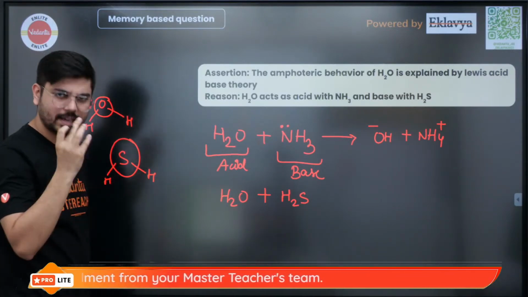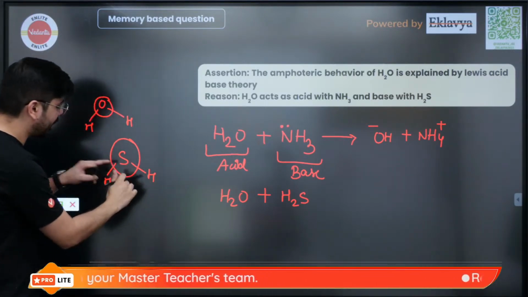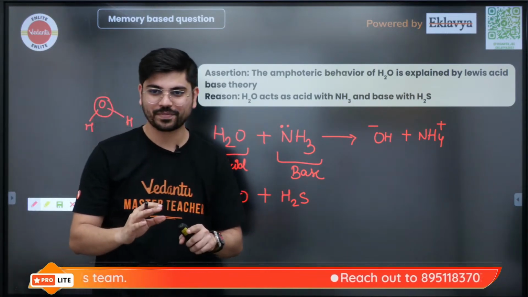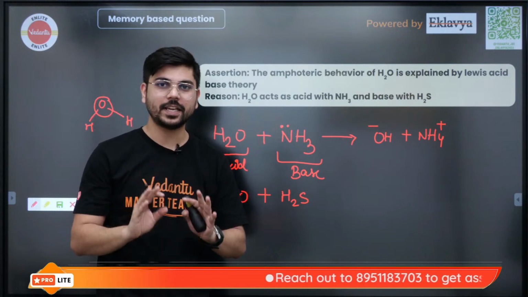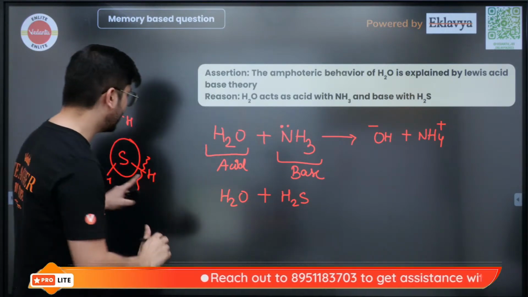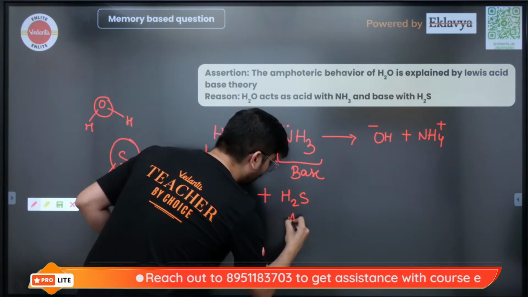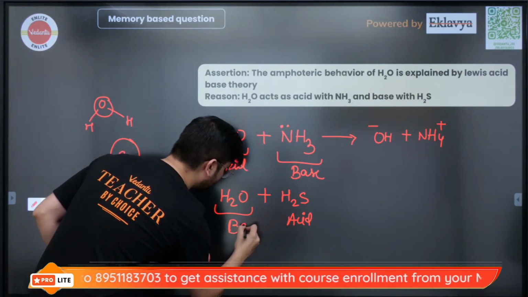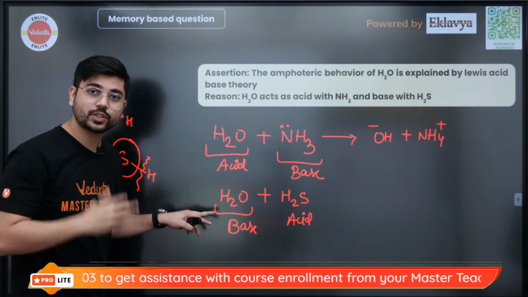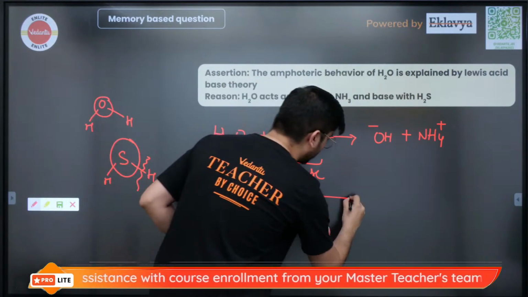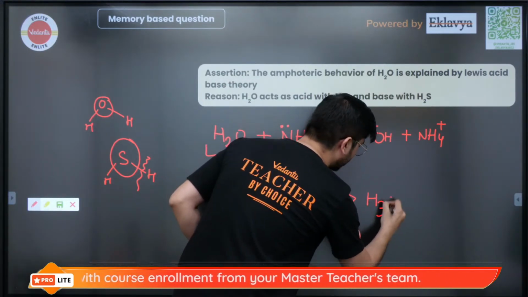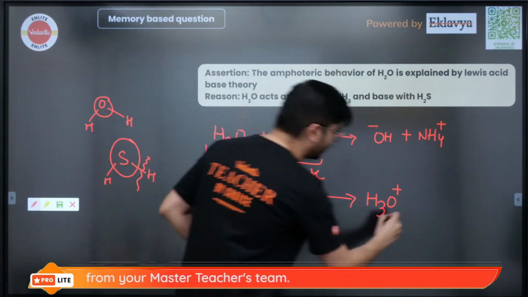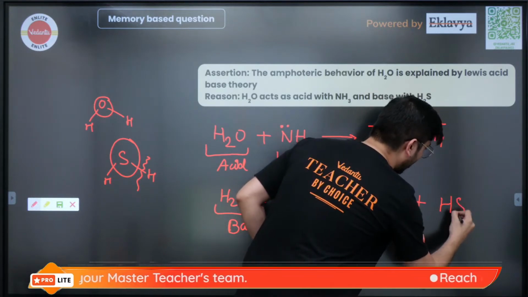Oxygen is small and electronegative, but sulfur is a bit big, so this bond can be easily broken down. So H2S is going to act as an acid and water is going to act as a base. Water is going to accept a proton to form H3O positive and H2S is going to lose a proton to form HS negative.